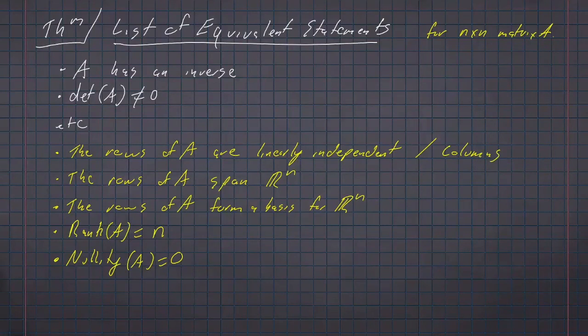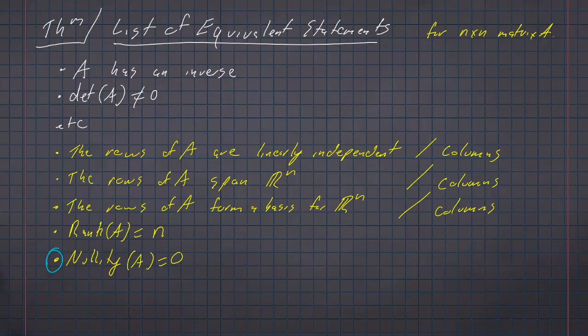The columns of A are linearly independent. The columns of A span Rn. The columns of A form a basis for Rn, and so on down the line. I'm not going to prove all of these, but many of these are fairly straightforward to get to.